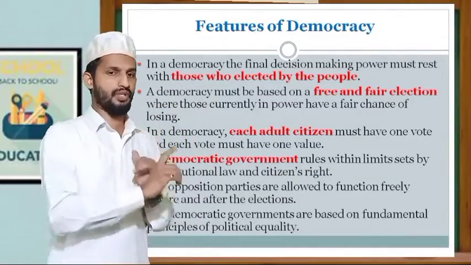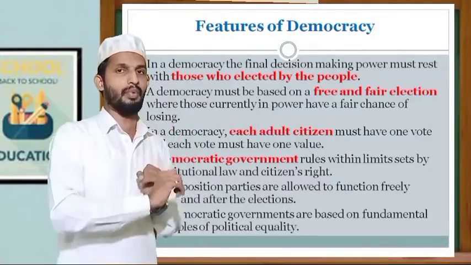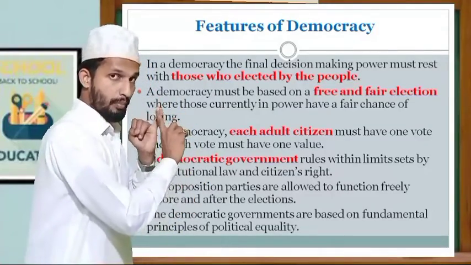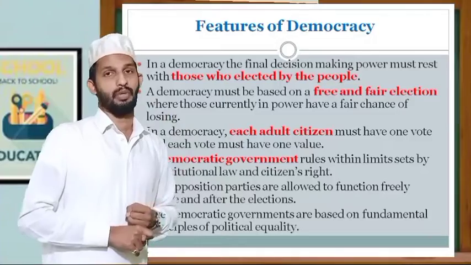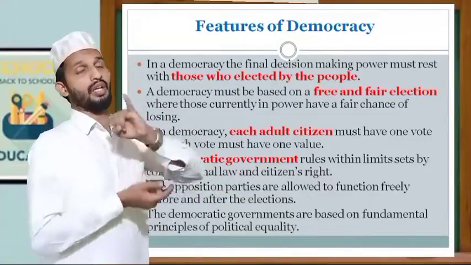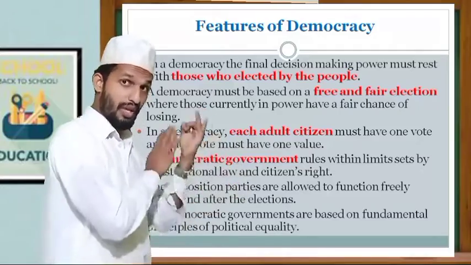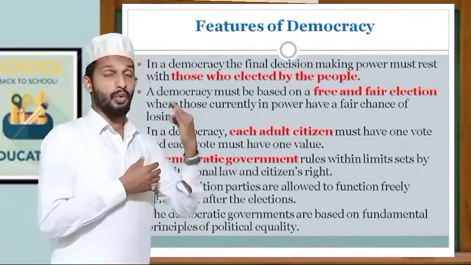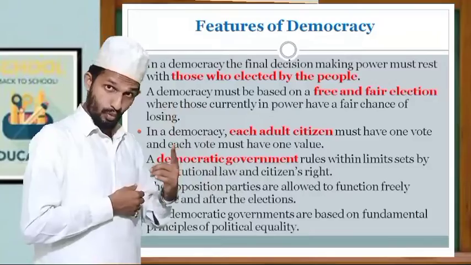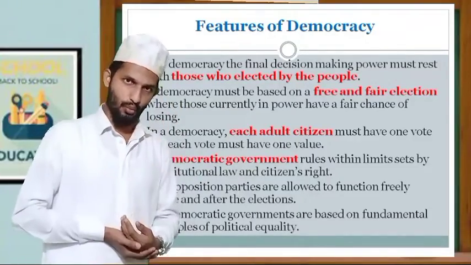The first feature of democracy is that the final decision making power must rest with those who are elected by the people, the representatives. Second one is that democracy is based on free and fair election. Third one is each adult citizen has one vote and each vote has one value.